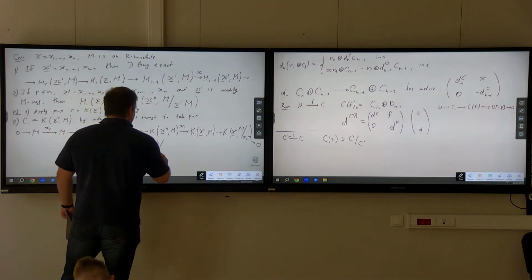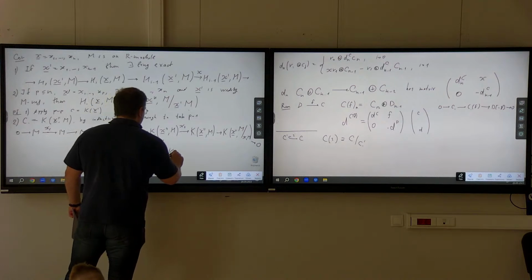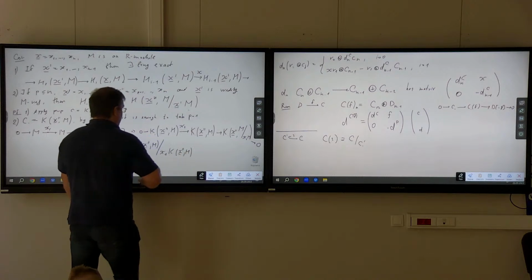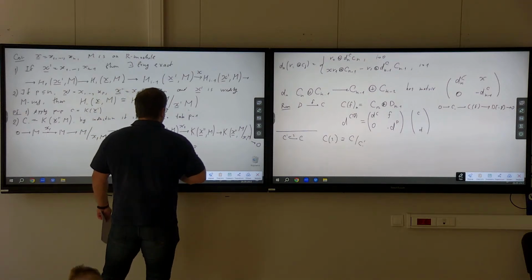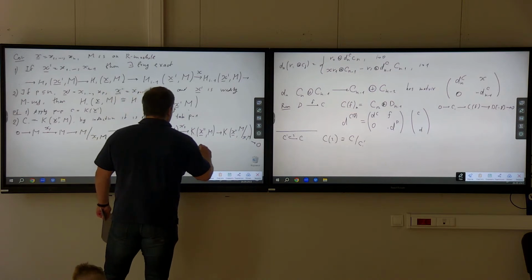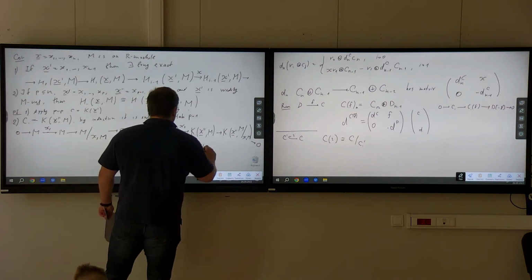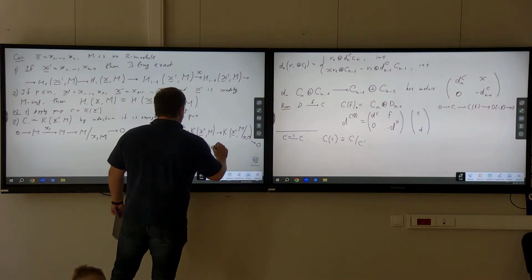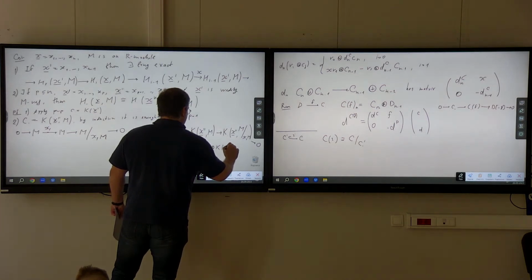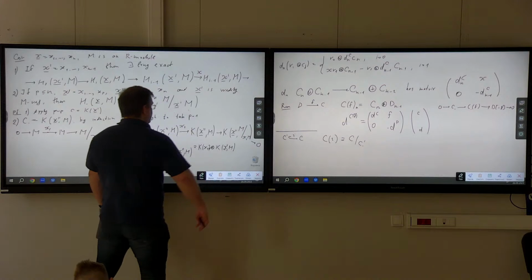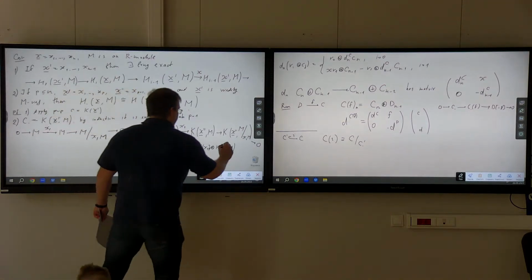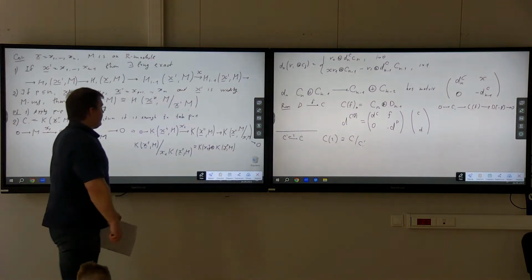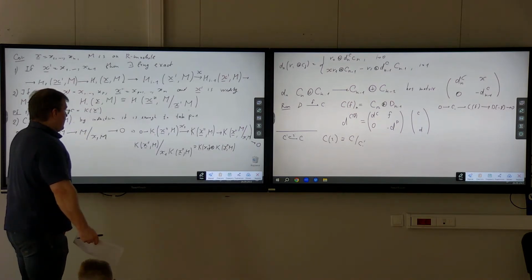So I'm just using what I know from the previous proposition, that if I take this quotient, right, this is quasi-isomorphic to the tensor product on the x1 and this Koszul complex for x double prime. Right, so this is my previous proposition.